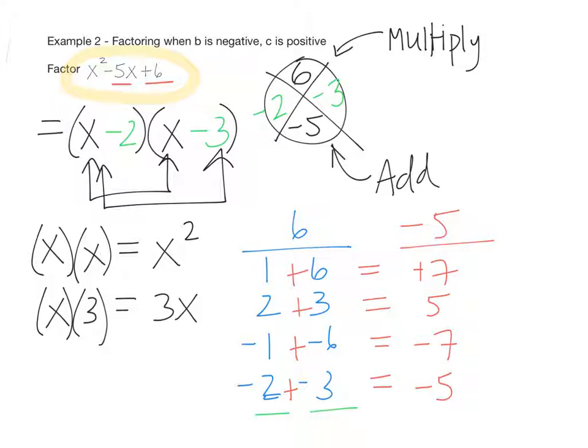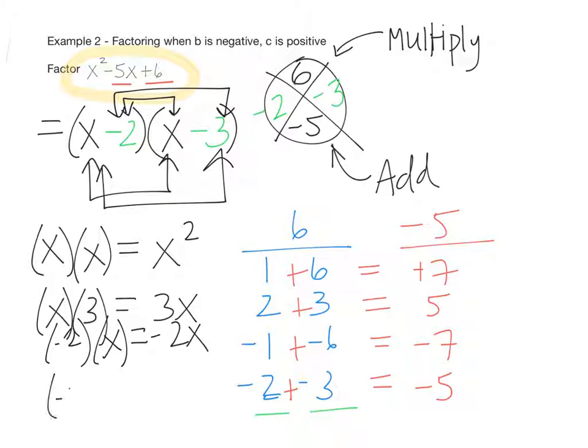We continue with our inner terms, -2 times x, to get -2x. And our last terms, -2 and -3, multiply to give us 6.